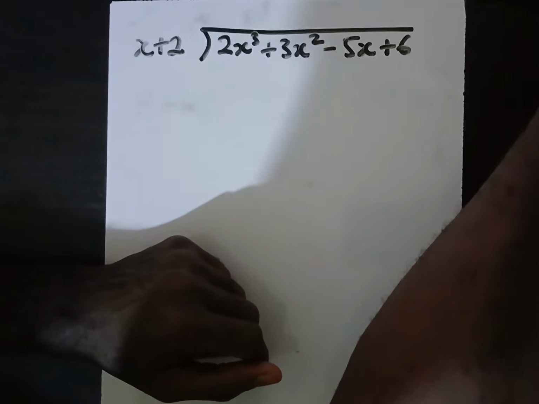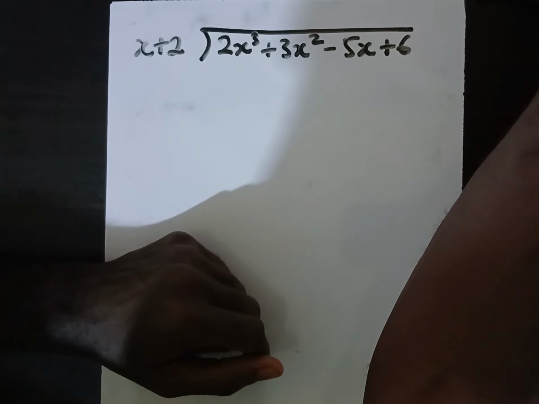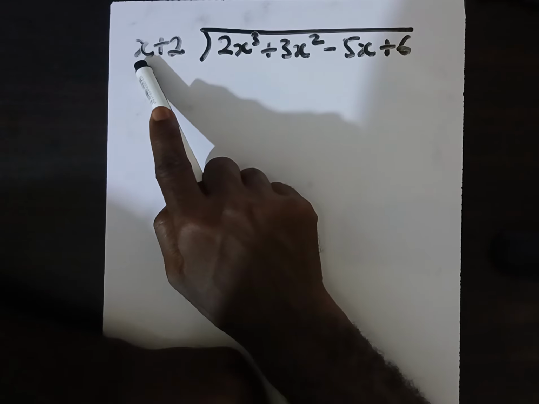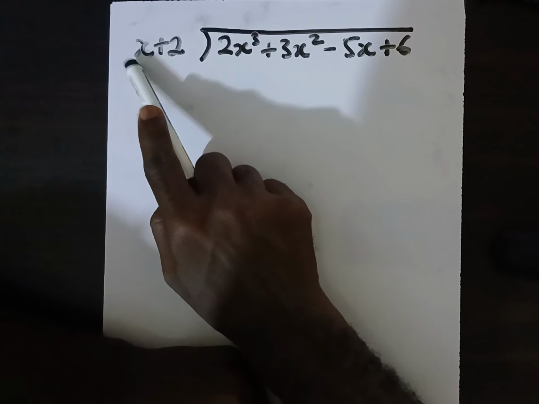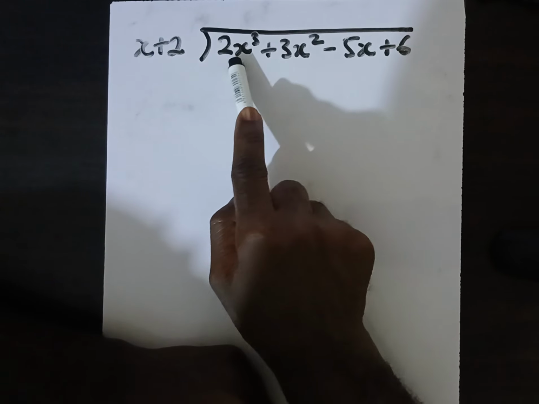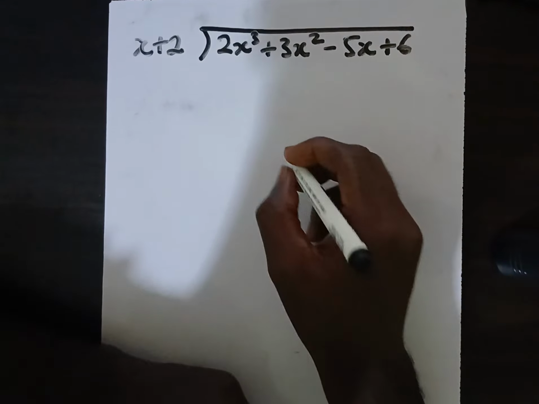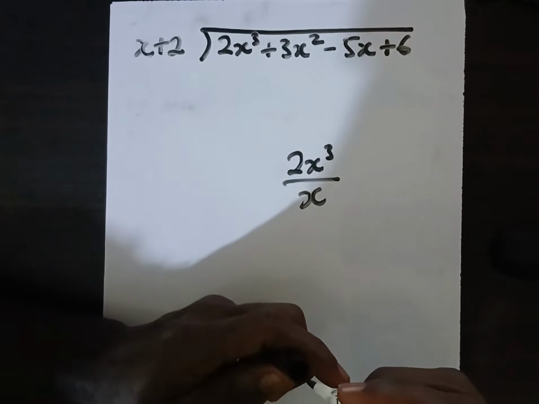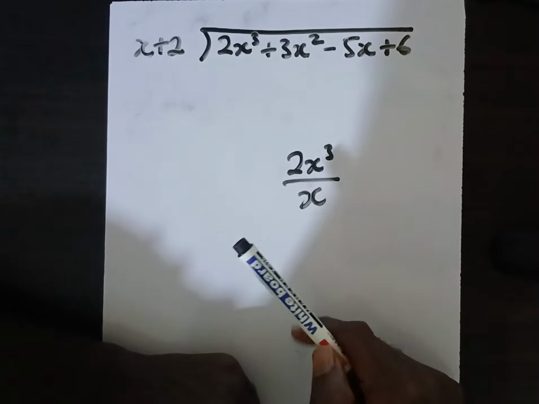Now watch carefully what we are supposed to do. We pick this x and then compare it to the first term of the polynomial here. So it's almost like 2x cubed divided by x. That is what it means.